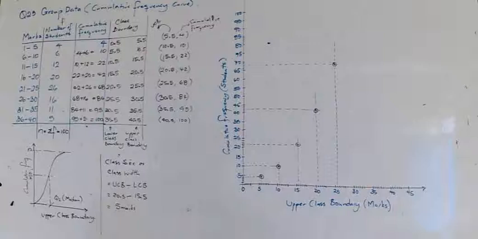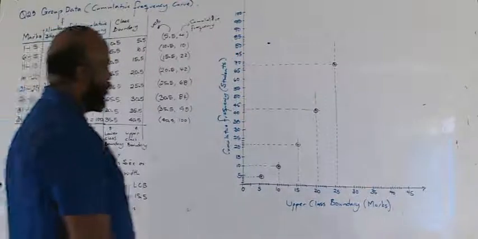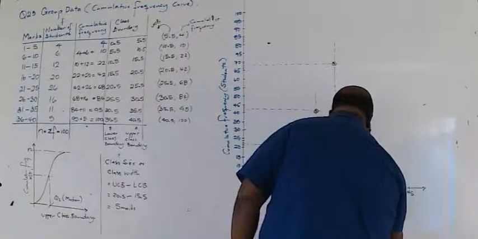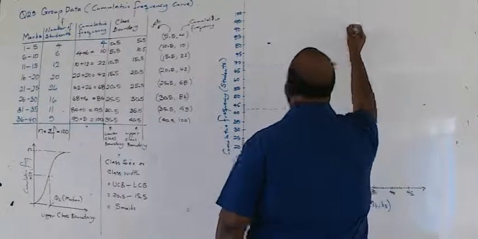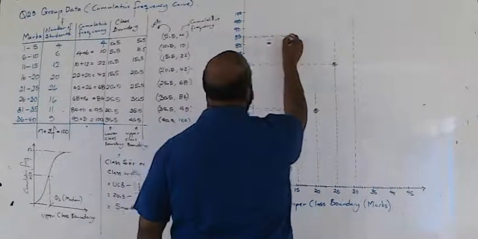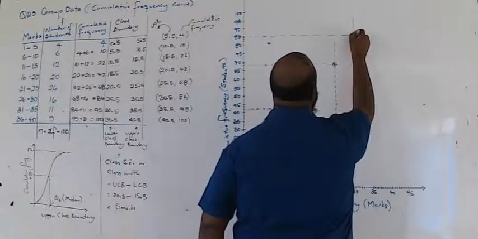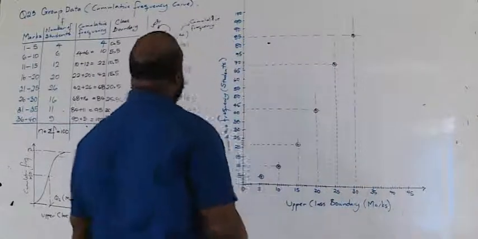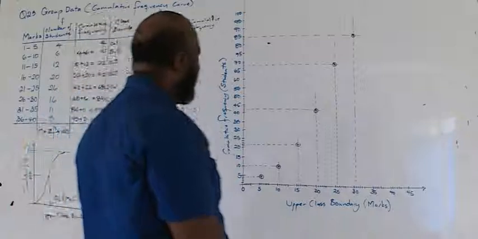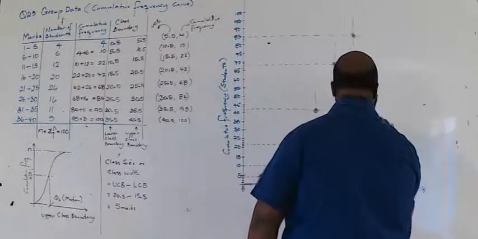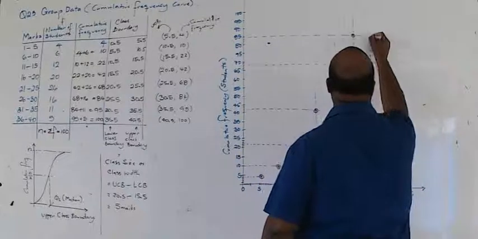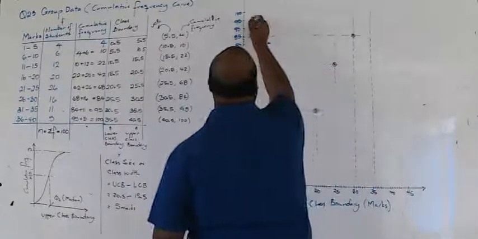Then 30.5 corresponds to 84, just below 85. 35.5 corresponds to 95. 35.5 is immediately after 35, and corresponds with 95.